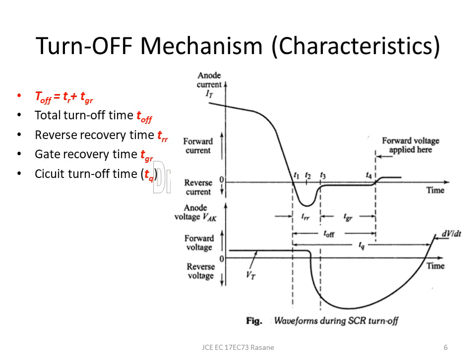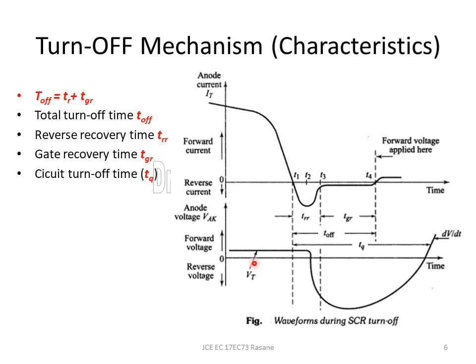What we see in this graph is the anode current graph and the anode voltage graph. Here we are assuming that the thyristor is already on and hence the current is high. That is, IT is high and the voltage is low, and hence the thyristor in this region is said to be turned on.